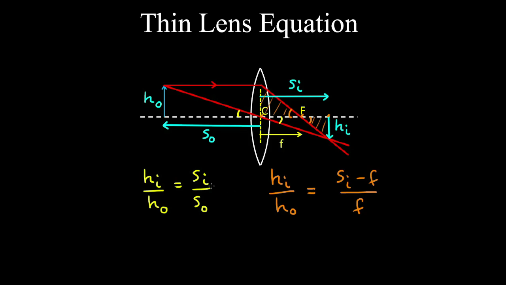So therefore, if we equate these two equations, we have SI on SO is equal to SI on F minus 1.